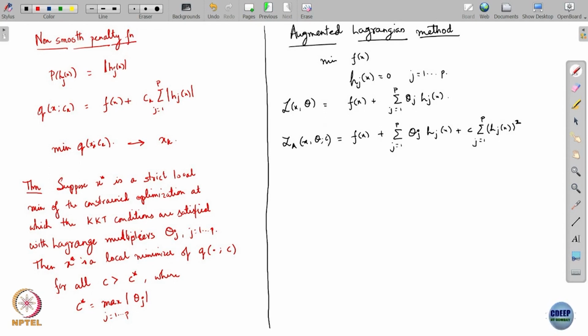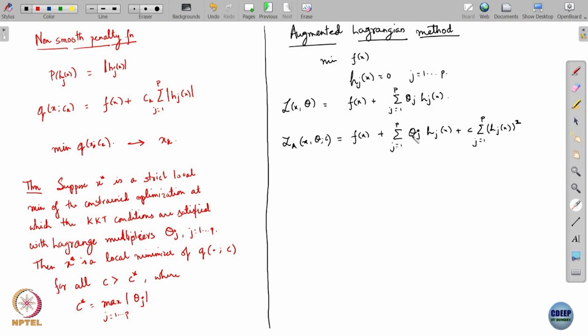The whole idea is to adjust your x and theta in such a way that you start with an initial estimate of x and an initial estimate of theta, and then as the iterations go along you start refining your estimates.